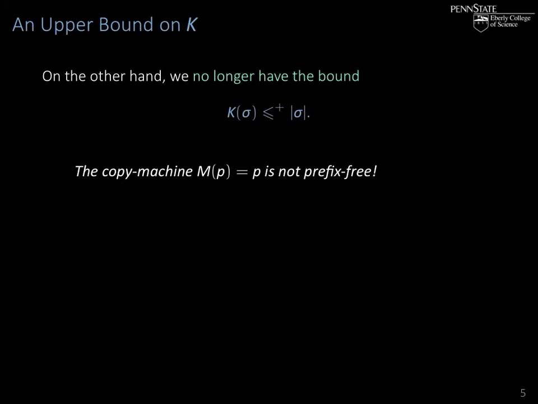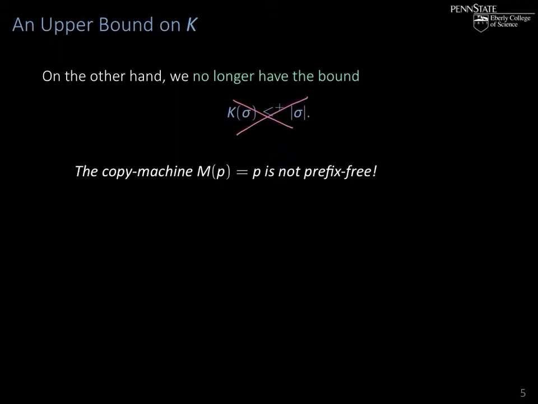On the other hand, prefix-free complexity also has some drawbacks. It's technically a little bit more complicated, and one indication of this is that we no longer have the nice upper bound that the complexity of a string is at most its length, up to an additive constant, as always, of course. So this is no longer true. What's the reason for that?